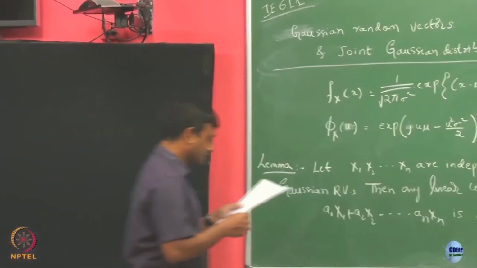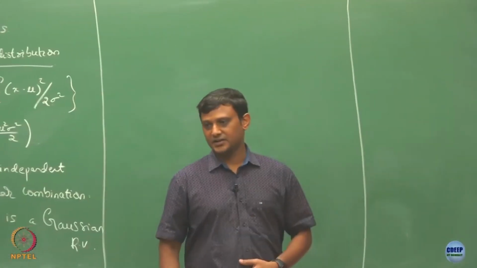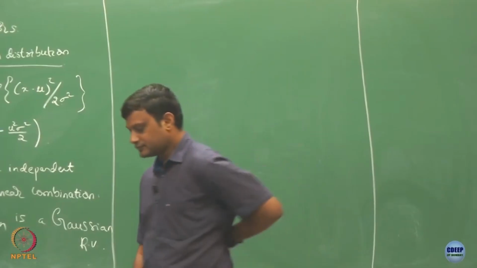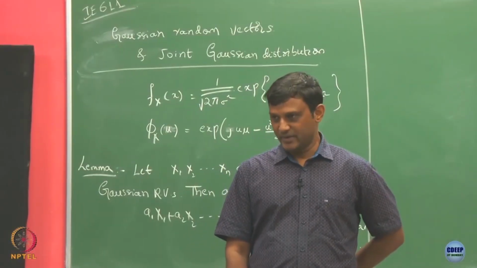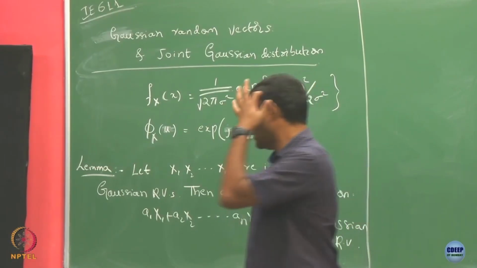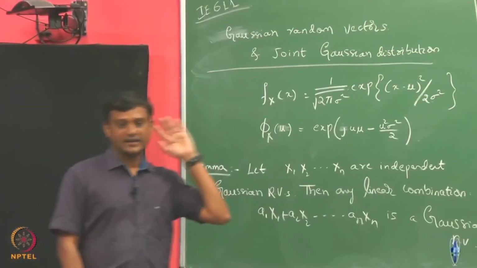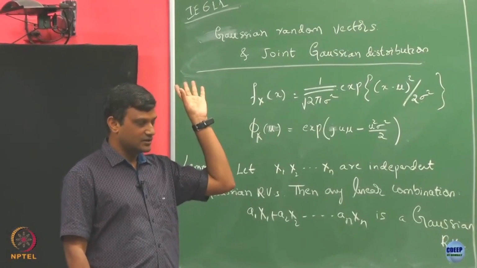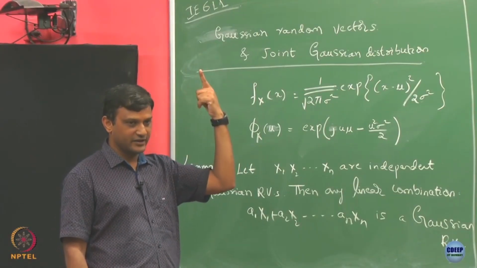To see this, we are going to use the property that if a set of random variables are independent, then the characteristic function of their joint distribution also splits into the characteristic functions of the individual random variables, right?